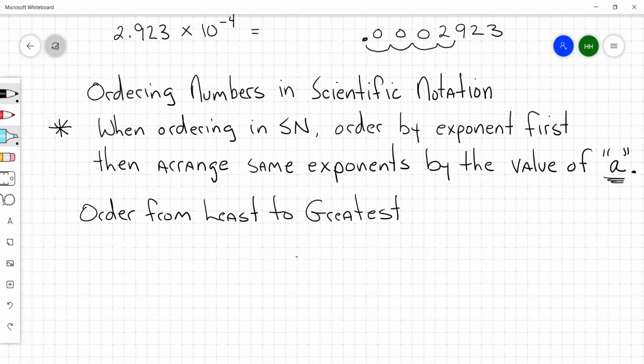And we're ordering from least to greatest. We got 2.5 times 10 to the 7th. 2.1 times 10 to the 7th. 3.5 times 10 to the 6th. 3.6 times 10 to the 6th.